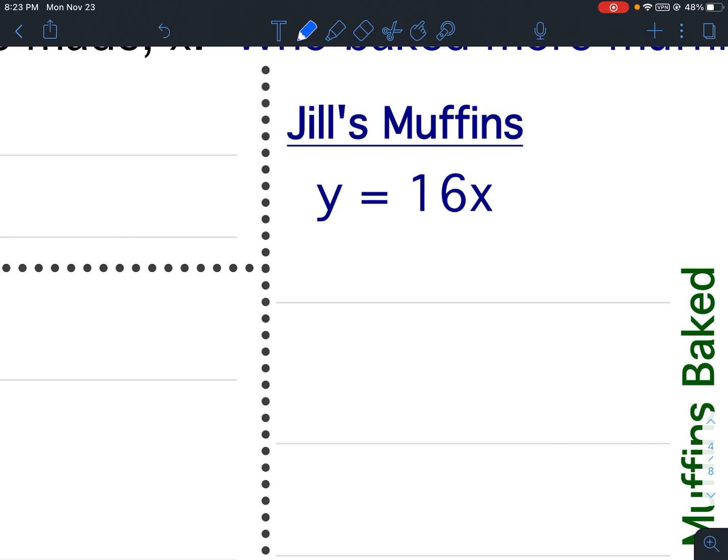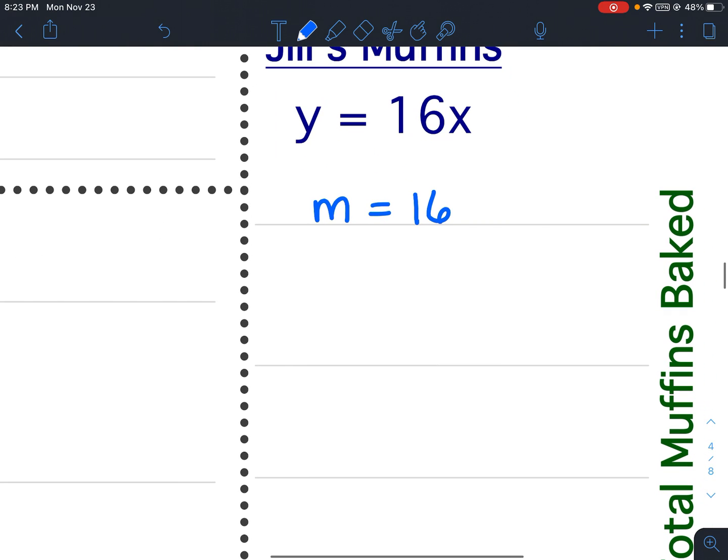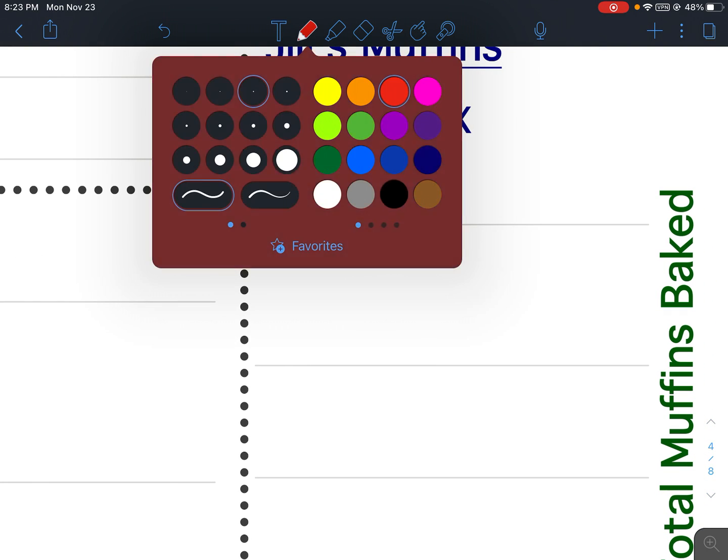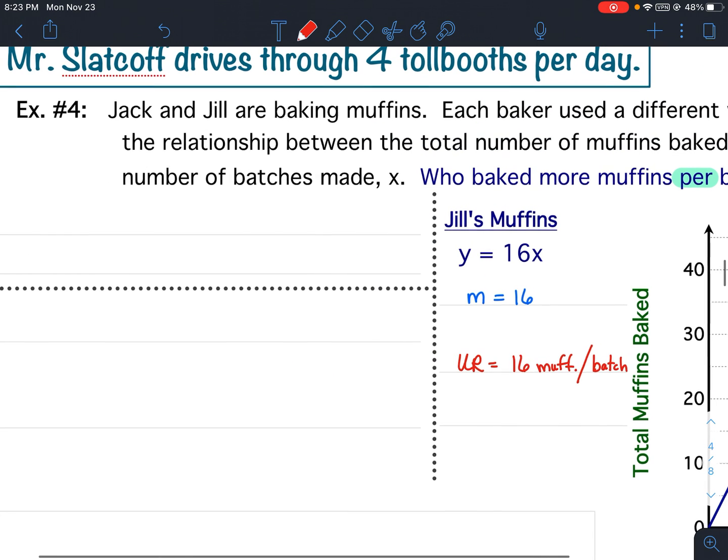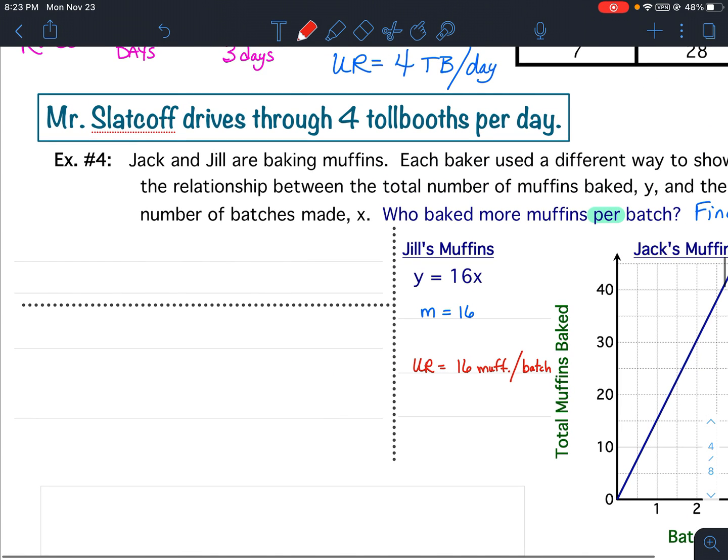I know that the slope is the number in front of x. Therefore, the slope for Jill is 16, meaning that her unit rate is 16 muffins per batch. All right, so let's go up here.